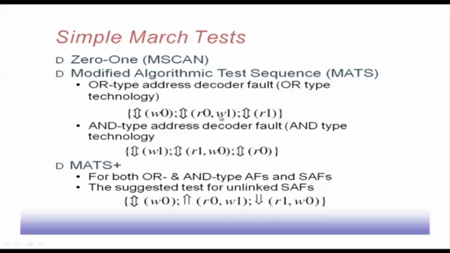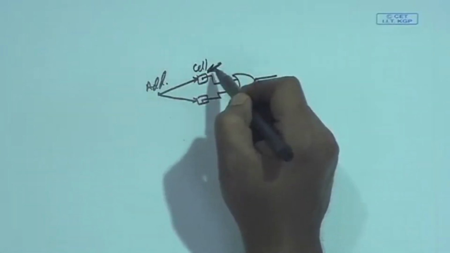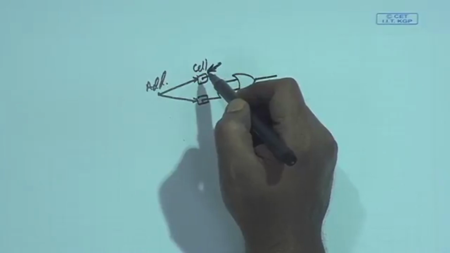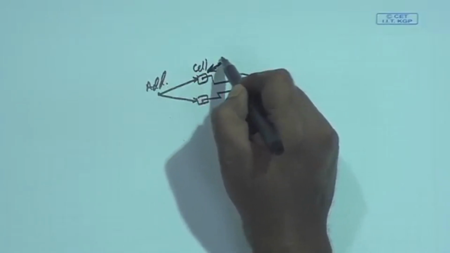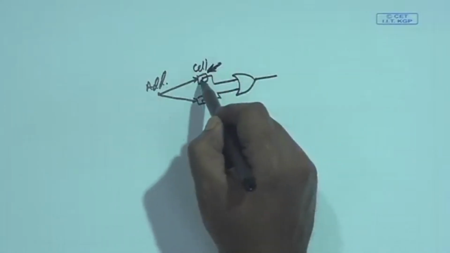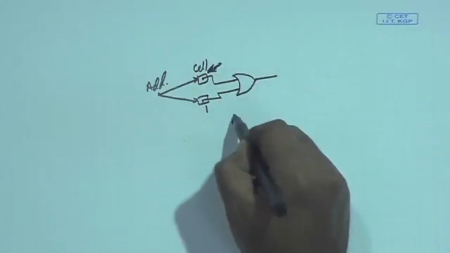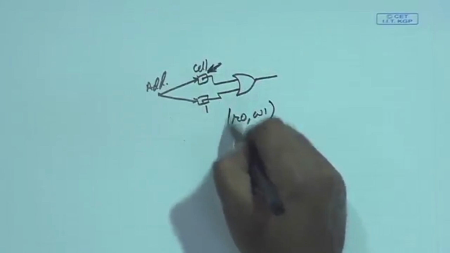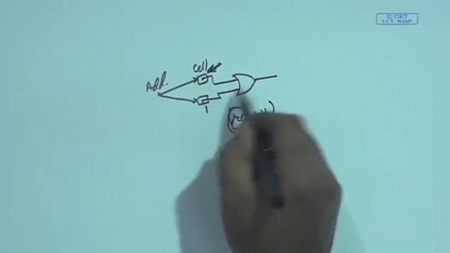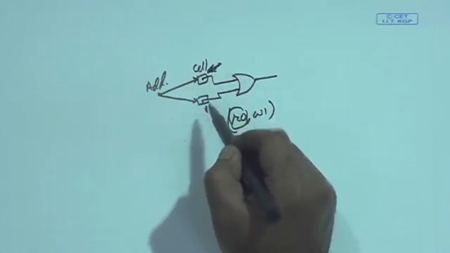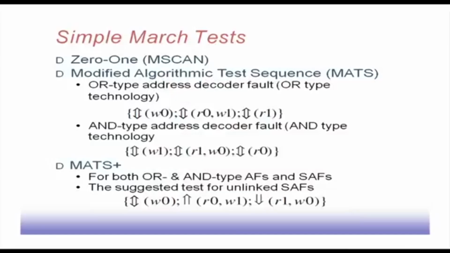Now, in an OR type situation, when this cell was accessed in the second template, that is R0 W1, while I was doing a write operation here, maybe this cell also got modified. So this cell also became 1. As a result, when this R0 is done on this cell, it will fail because it is already 1. So for OR type technology, this will detect the address decoder fault.